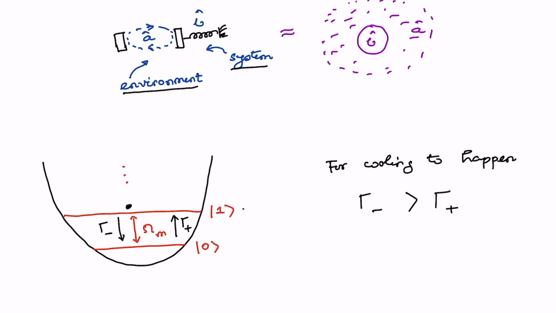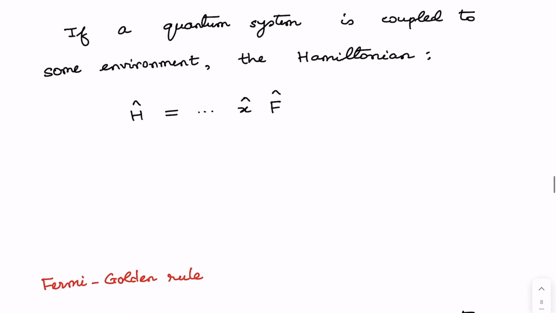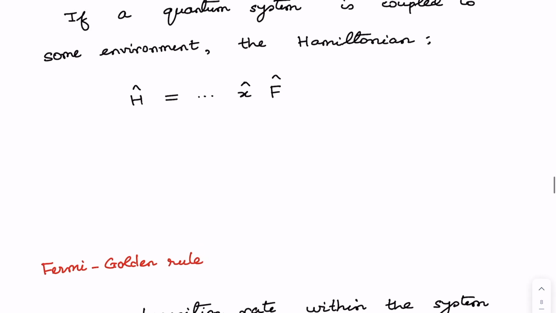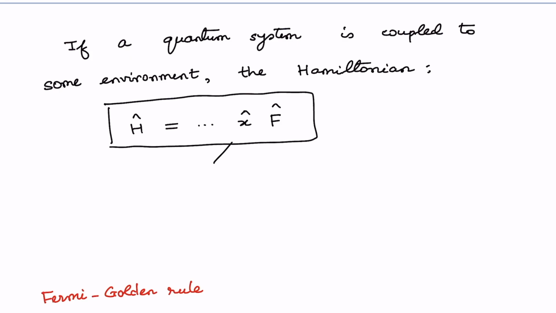Now from quantum mechanics, we know that for a quantum system that is coupled to some environment, the Hamiltonian is generally of this type, and here this X operator refers to the system and F is the fluctuating operator belonging to the environment.